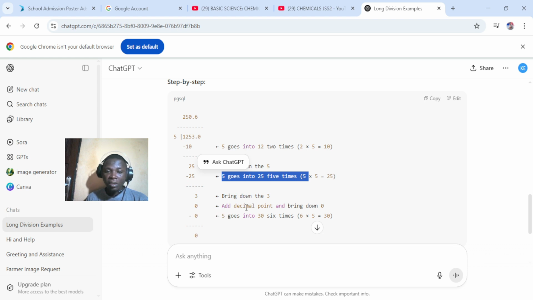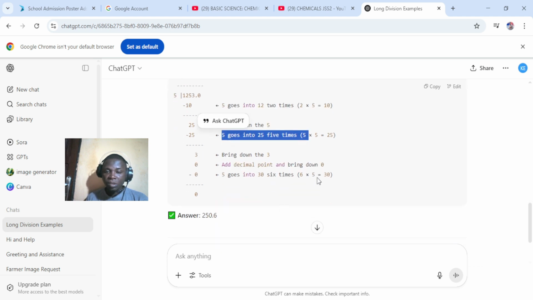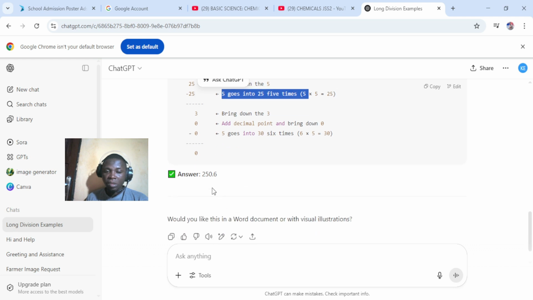Since 3 cannot be divided by 5, you write 0, add a decimal point and bring down 0. Okay, so you now do 5 goes into 30, that's 6 times, and that gives us 6 times 5, which is 30. So our answer is 250.6. That's simple, right? That looks very simple.